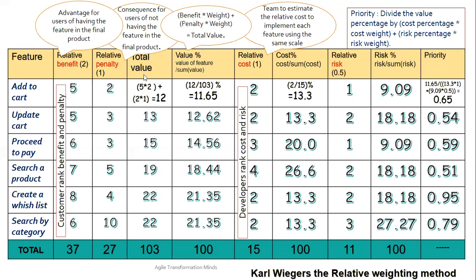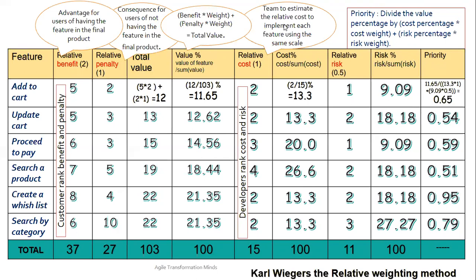Now your team will calculate the total value. For the benefit, a weightage of 2 is given, and for penalty, a weightage of 1. Where you derive this value from is based upon your team. Your team has some relative estimation. They assume that for a benefit it's a 2 weightage and penalty is 1 weightage.